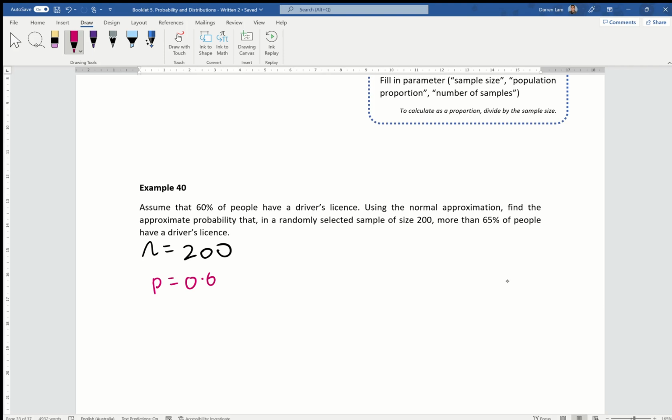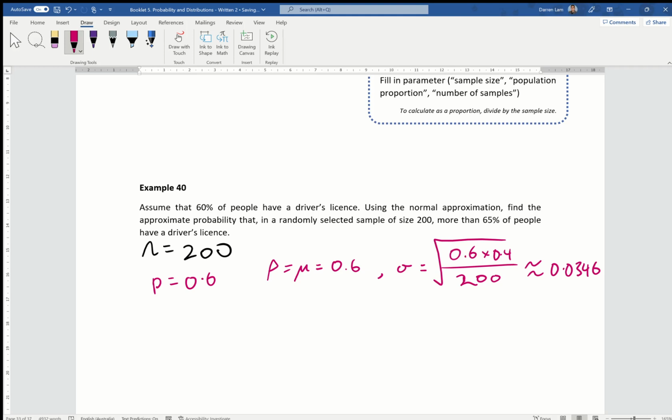So in that case, the average is 0.6 for our distribution. And of course, using the formula, we know that sigma equals the square root of the probability times the probability of failure, divided by 200, which is our sample size. This will give us approximately 0.0346.